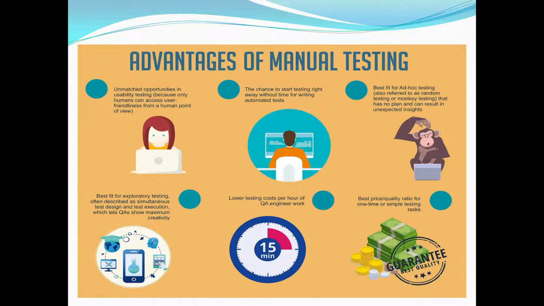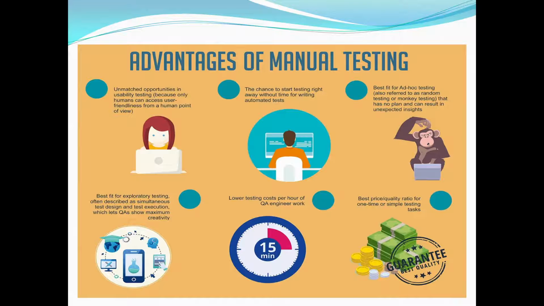So the manual testers literally see the software or the application and get the feel of it, like which functionalities are working properly or not, right? Manual testing also gives the chance to start testing right away without time for writing automated tests. For automation testing, you have to specifically write the code and then get it approved by your team lead or the Scrum team.